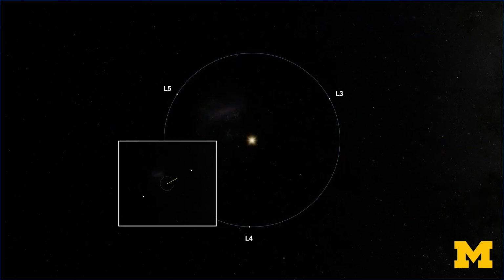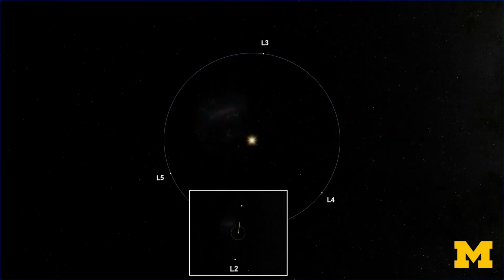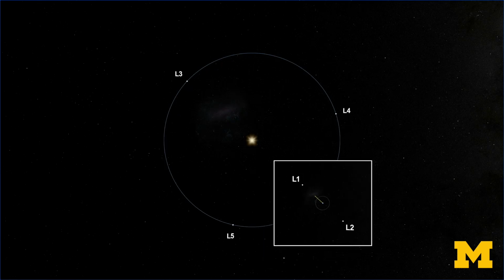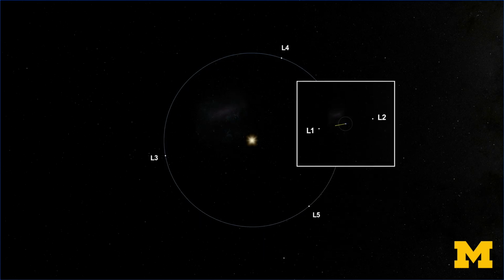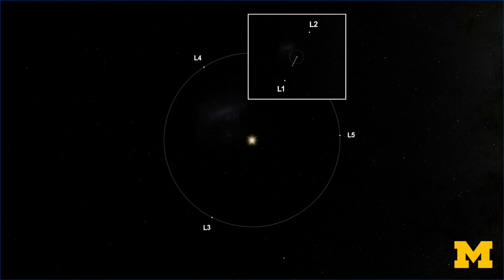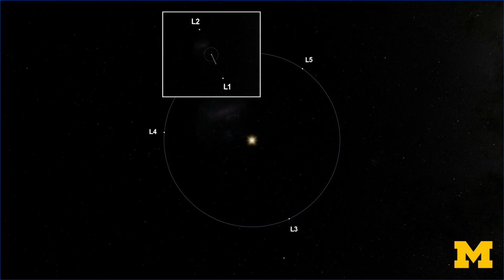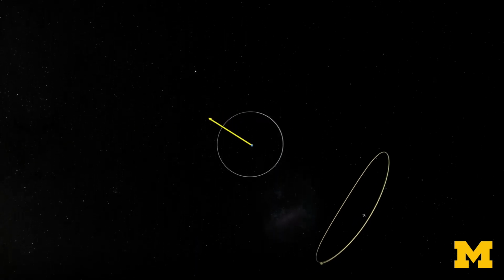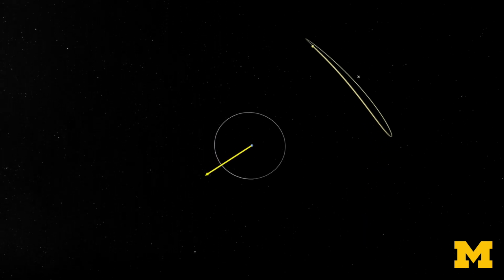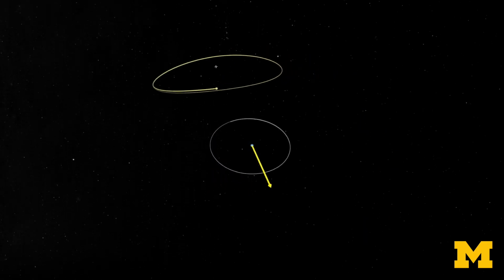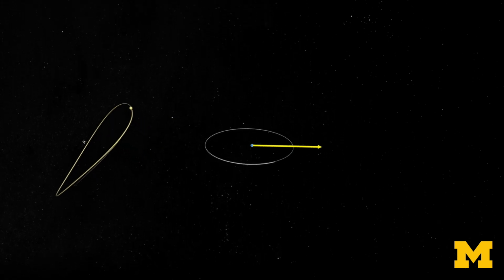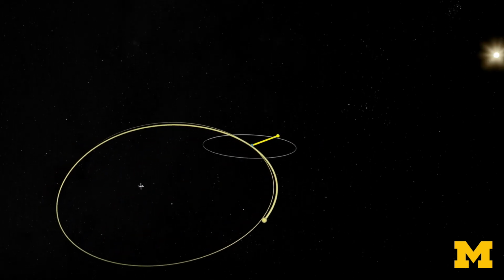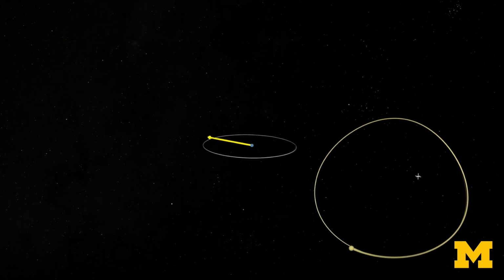So this video shows the 5 Lagrange points all orbiting the Sun. So you can see that they're all going around the Sun at the exact same rate as Earth is going around the Sun. This shows the trajectory of the James Webb Space Telescope. The arrow points towards the Sun constantly, which shows the James Webb Telescope out at L2.